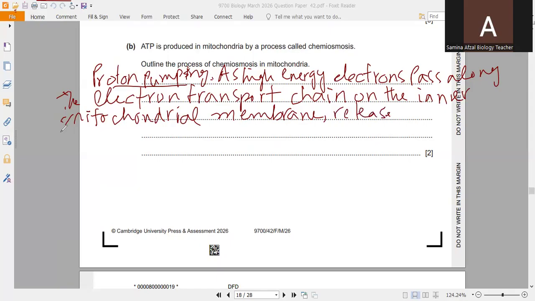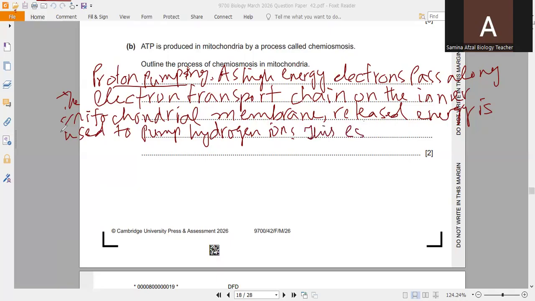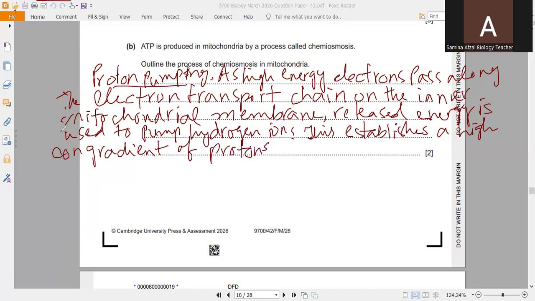Released energy is used to pump hydrogen ions, then this establishes a high concentration gradient of protons, which diffuse down it.